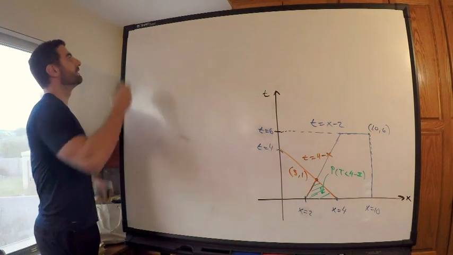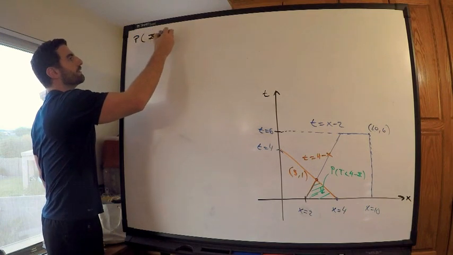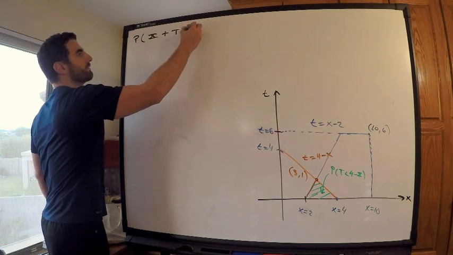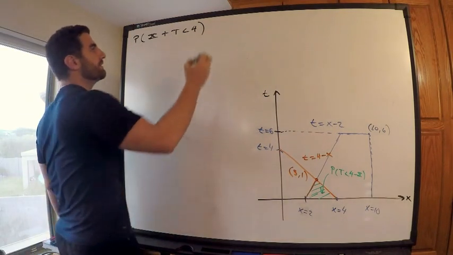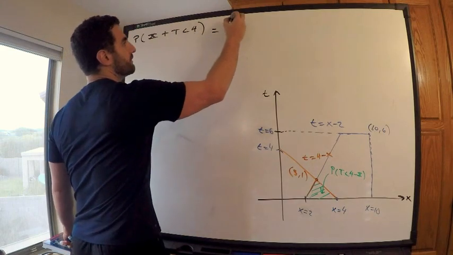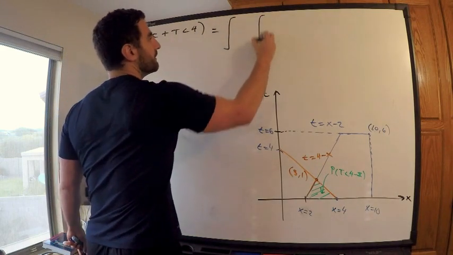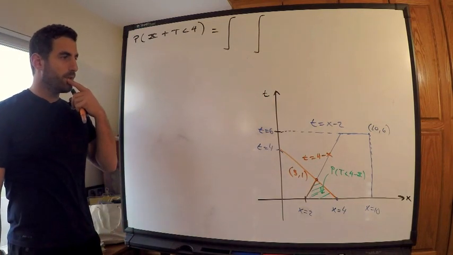So again, we want the probability that x plus t is less than 4. In other words, let's just go ahead and write it out. This is equal to a double integral, because we're doing a joint density problem. What is the integrand?